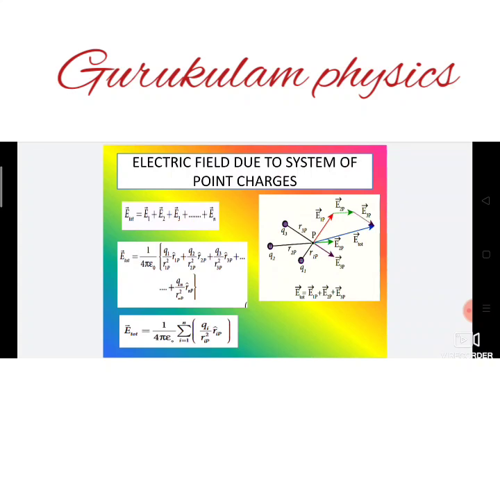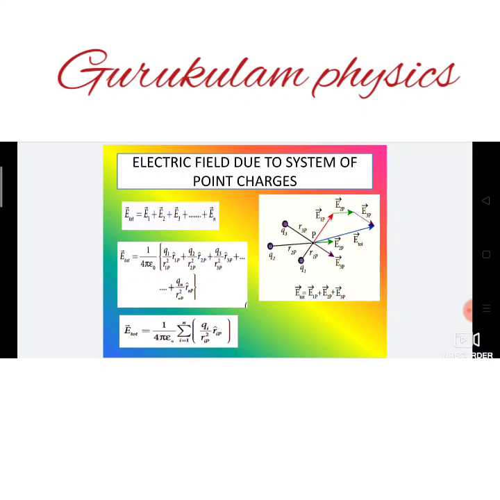The electric field due to the charge Q1 is represented as E vector 1P. Similarly, the electric field due to the charge Q2 is called E vector 2P, and that due to the charge Q3 is called E vector 3P. Now we determine the net electric field, which is the sum of the individual electric fields: E vector total equals E1P plus E2P plus E3P.